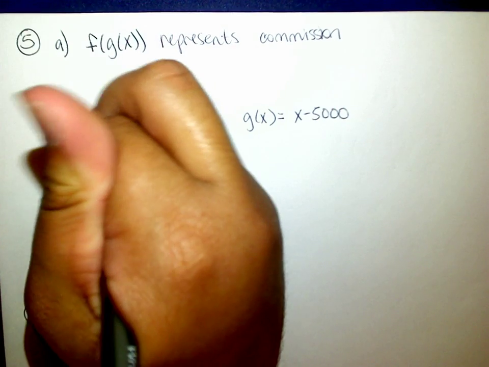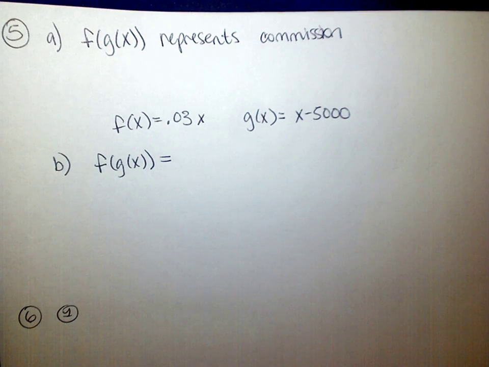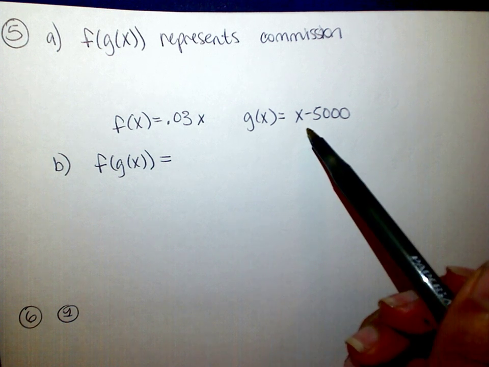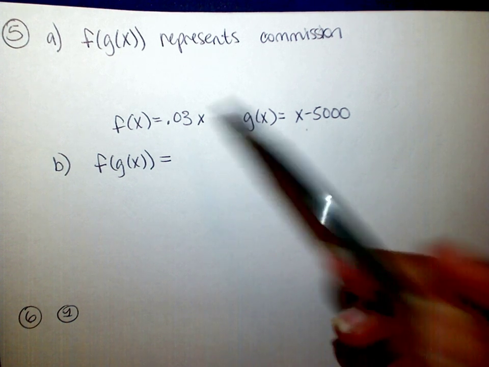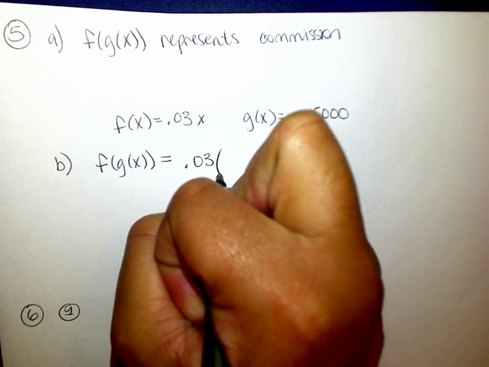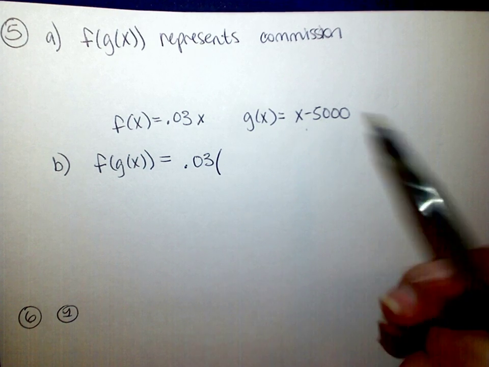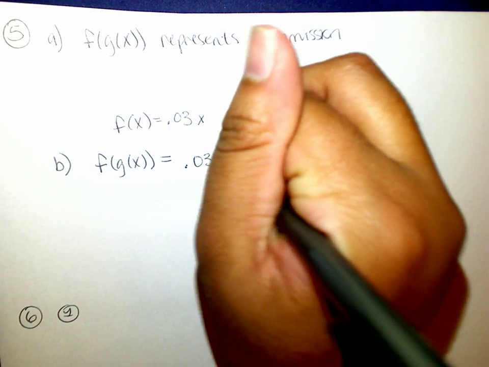So we're going to have to figure out what f of g of x equals. We're going to be substituting g of x into f of x. So we're going to have 0.03, and then instead of x we're going to put the function g, so x minus 5,000.